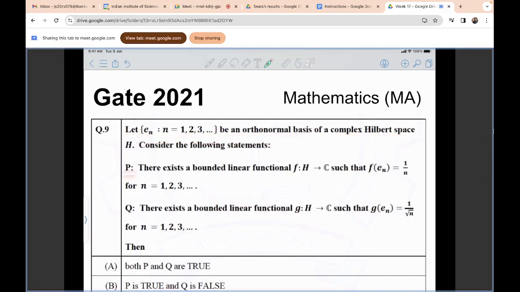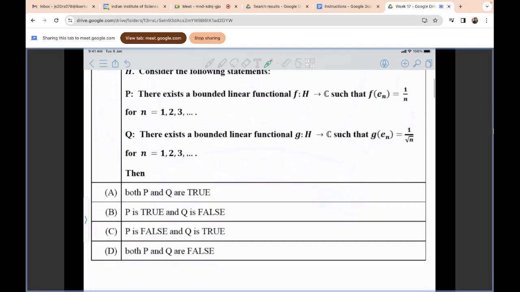P says there exists a bounded linear functional f from H to C such that f of e_n equals 1 by n. And Q says there exists a bounded linear functional g from H to C such that g of e_n equals 1 by square root n. Then four options are given. You have to check which one is correct, true or false.